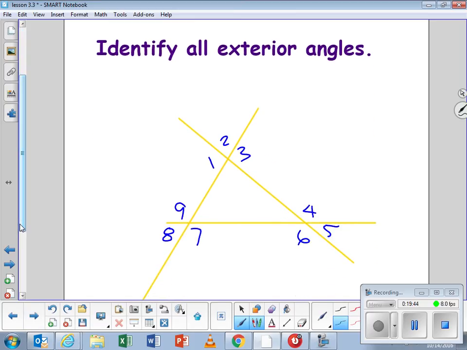Identify all exterior angles. Megan, angle 1, is that an exterior angle? What does it take to be an exterior angle? What two components are taken to be an exterior angle? One, it has to have a what?